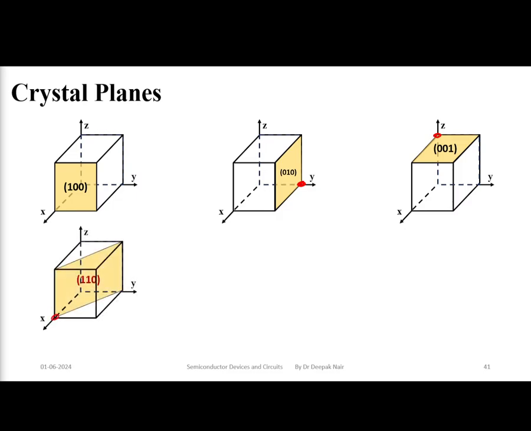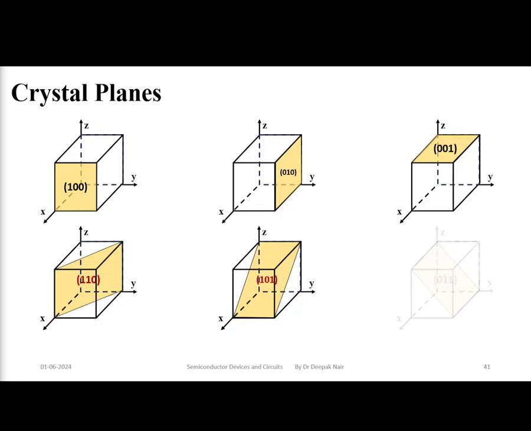Similarly, here it is touching the x-axis and y-axis, not touching the z-axis. Therefore, 1 1 0. This plane is touching the x-axis and z-axis. Therefore, it is 1 0 1 because it is not touching the y-axis. Similarly, the last plane is represented by 0 1 1 because this plane is only touching the y-axis and z-axis.